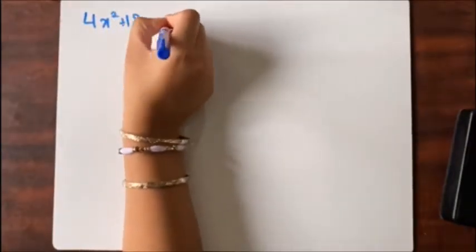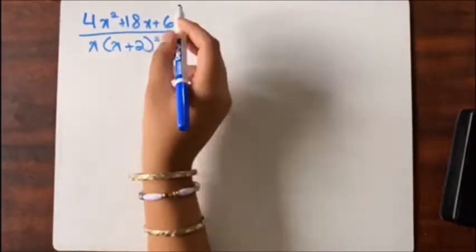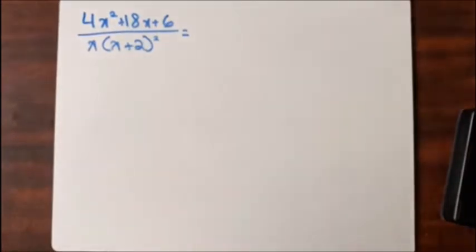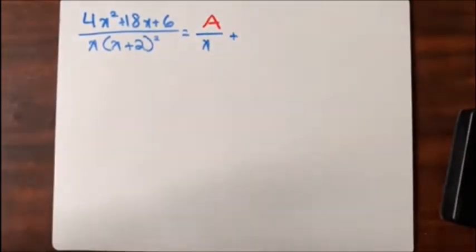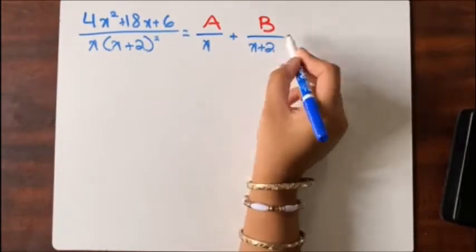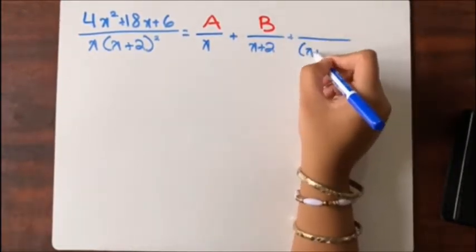We should include one partial fraction for each power of x and x plus 2, which leads to a over x plus b over x plus 2 plus c over x plus 2 squared.